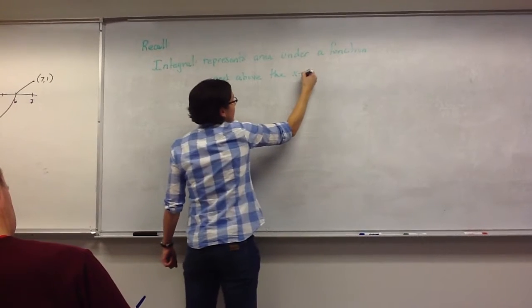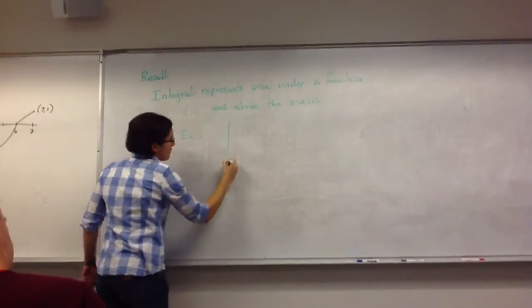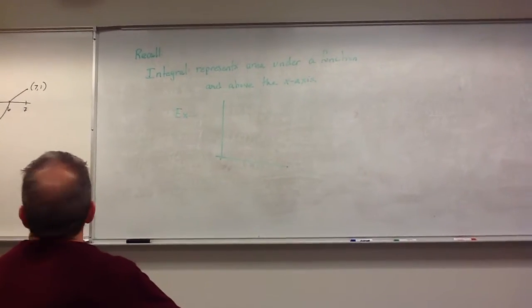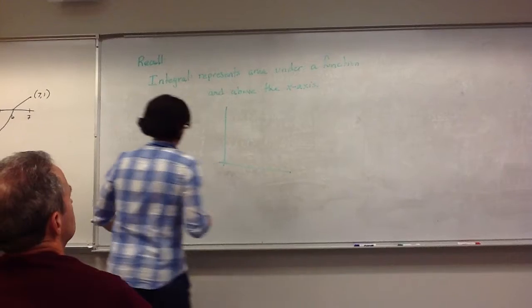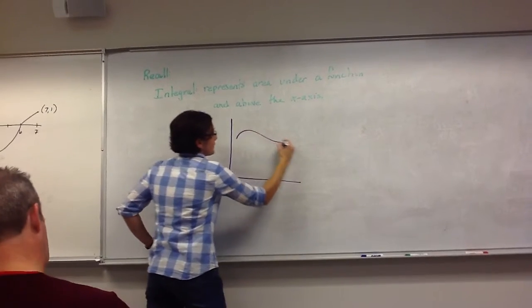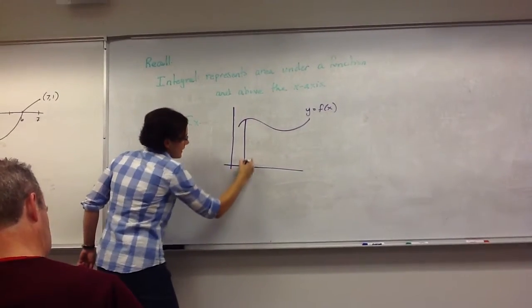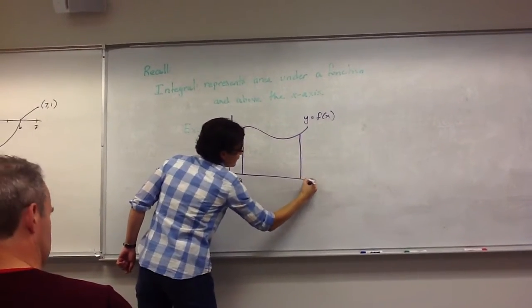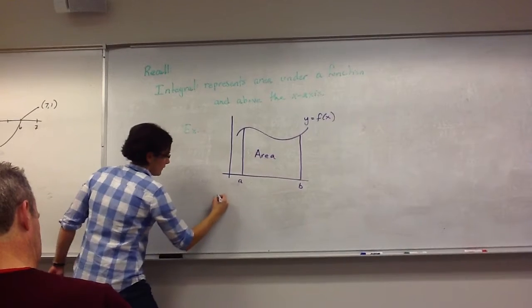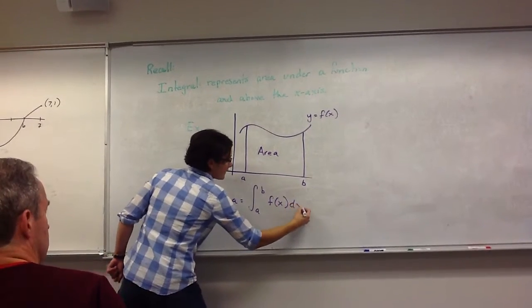So for example, if I have some kind of a function like y equals f of x, then the area under that function between x values of a and b is equal to the integral from a to b of f of x dx.